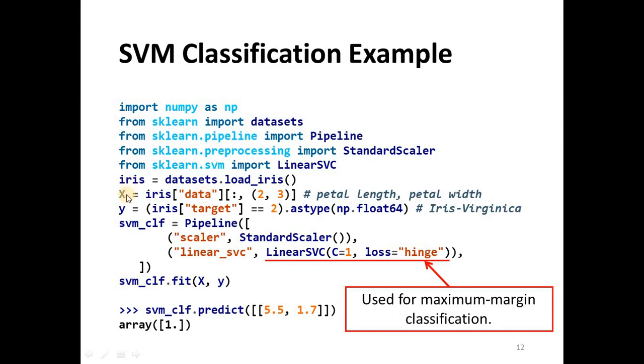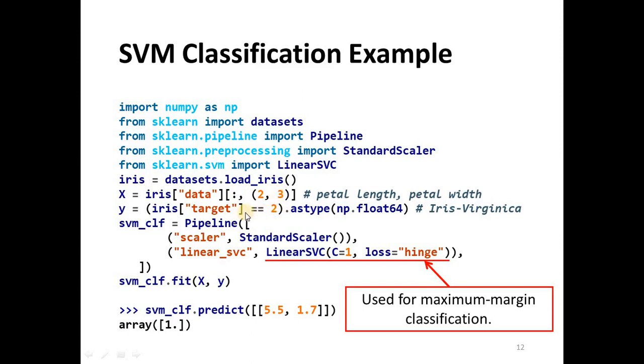Then for features, there are 4 features, but we will concentrate on the last 2 features, feature 2 and feature 3, which are the petal length and width. So we take all instances, 150, and we take features 2 and 3.